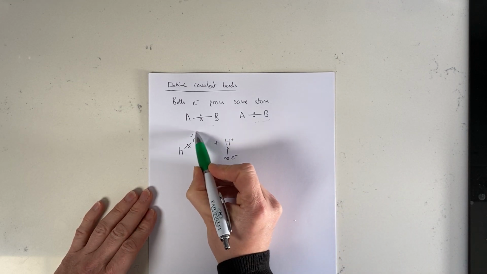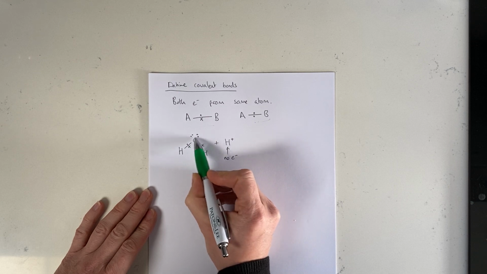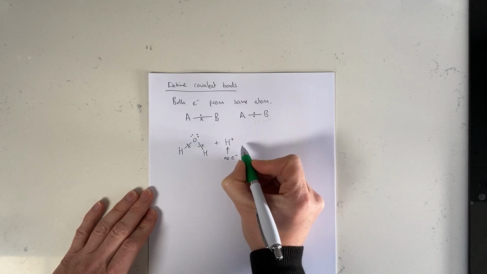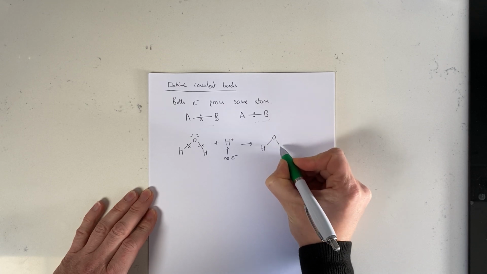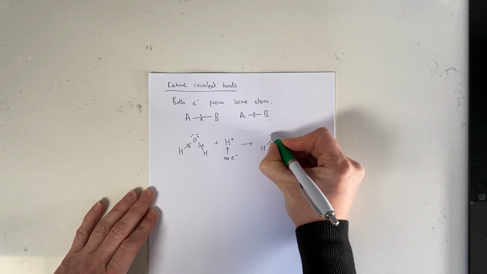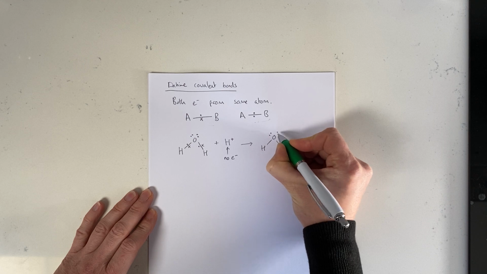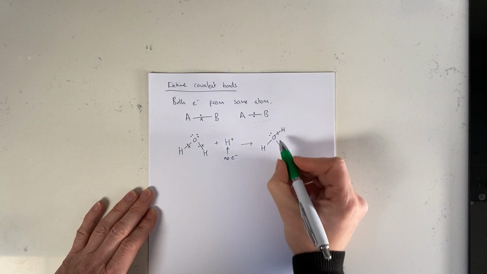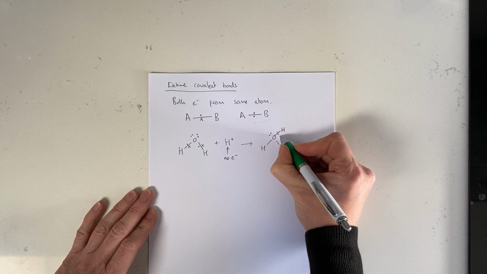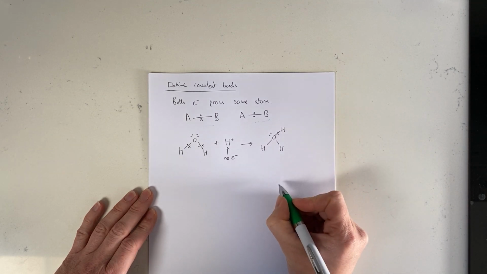And here I've got oxygen, which has some lone pairs, so there are some electrons here. So what happens is one of the lone pairs forms a bond to that hydrogen ion, which is H plus. So this is my dative bond here, where I've got my two dots.